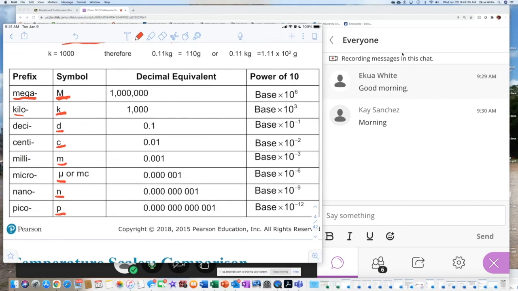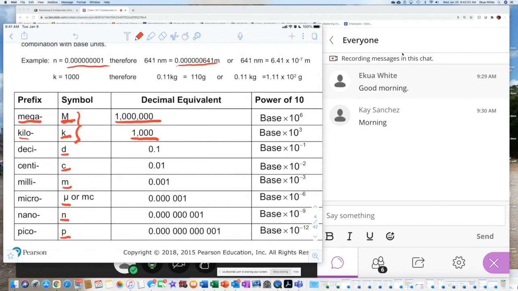So if you're dealing with the mega and the kilo, it's understood whatever object you're looking at is large, right? Because mega stands for 1 million, kilo stands for 1,000, right? So you get to convert the number to a more manageable number.